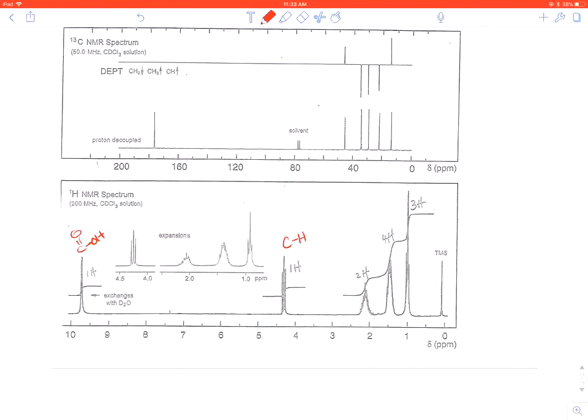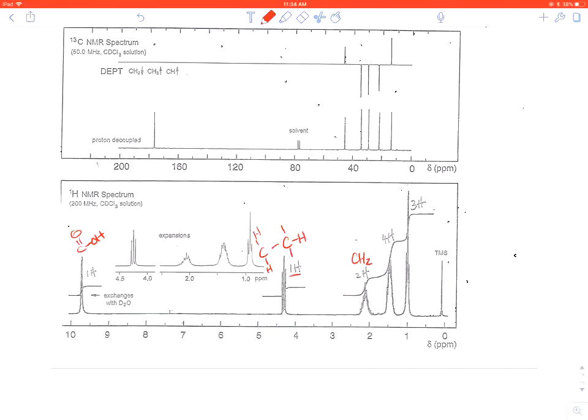This is a triplet, so it has 2 neighbors. They could be on the same carbon or they could be on different carbons, right? Theoretically. If they were on different carbons, then we would have multiple 1H signals, and we don't have that, so they have to be on the same thing.